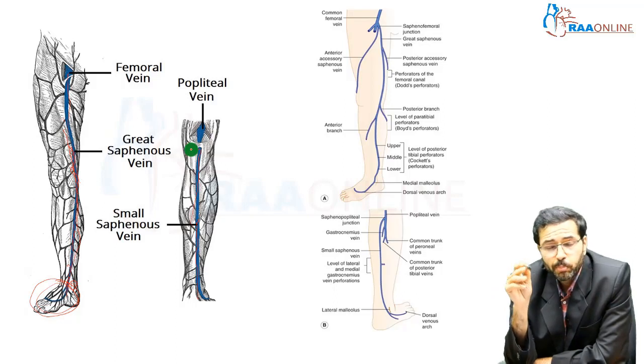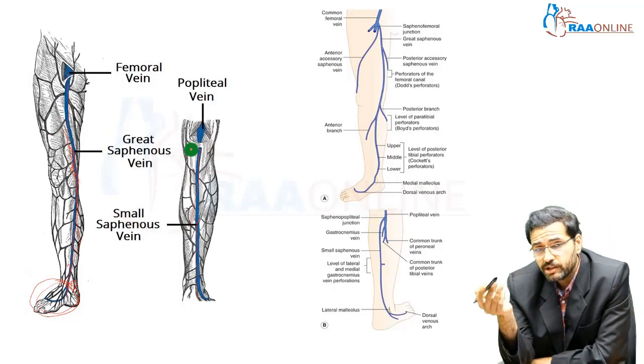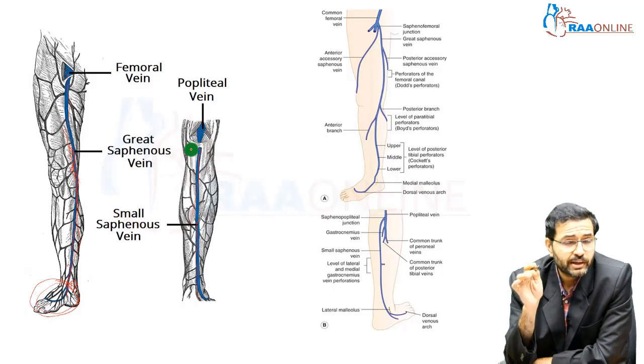This saphenopopliteal junction, where the short saphenous vein drains into the popliteal vein, is variable in location. Unlike the saphenofemoral junction, which is located 3.5 centimeters below and lateral to the pubic tubercle, the saphenopopliteal junction can be located anywhere within the popliteal fossa.